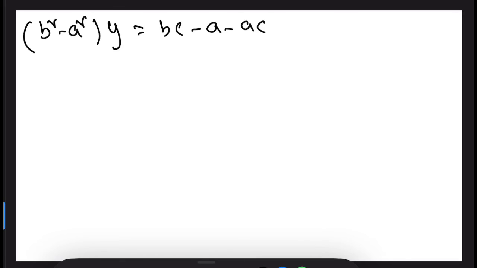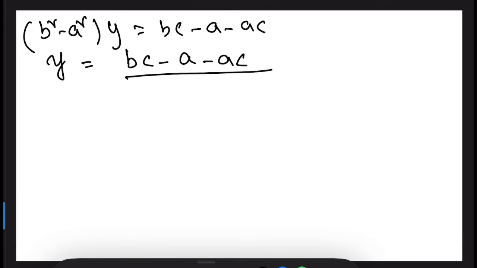So now let's take the value of y equals bc minus a minus ac. Here there is a multiplication sign between y and b square minus a square, so we shall write b square minus a square in the denominator. Okay, now this is the y value.